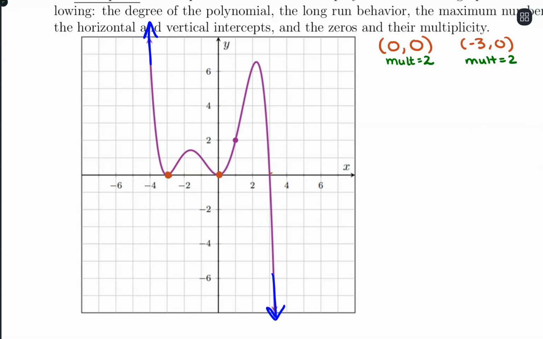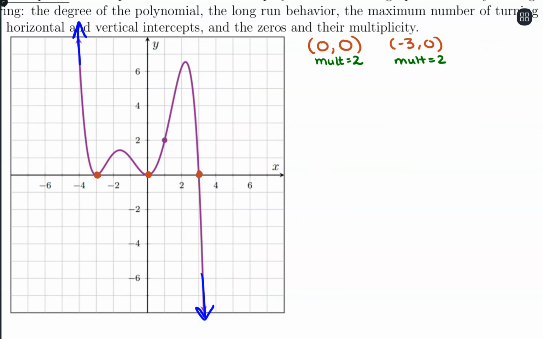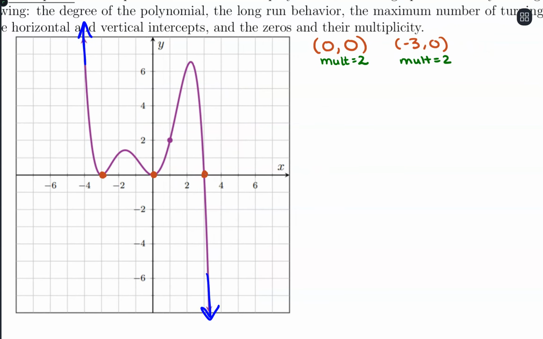And then our last horizontal intercept is at 3, 0. Yeah, positive 3, 0. And we're just passing straight through there, so that's going to have a multiplicity of 1. All right, so putting our polynomial together, let's just call it f of x.